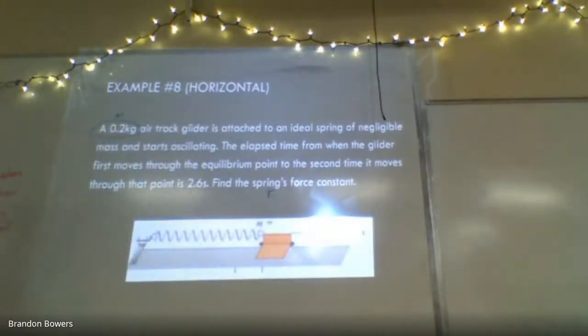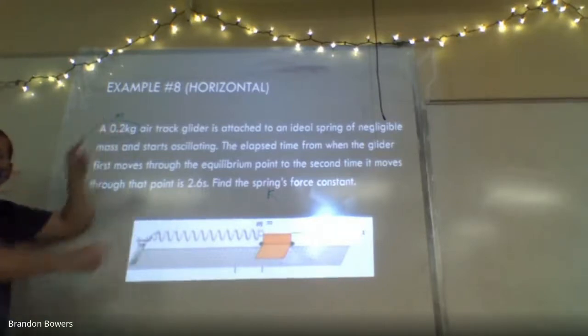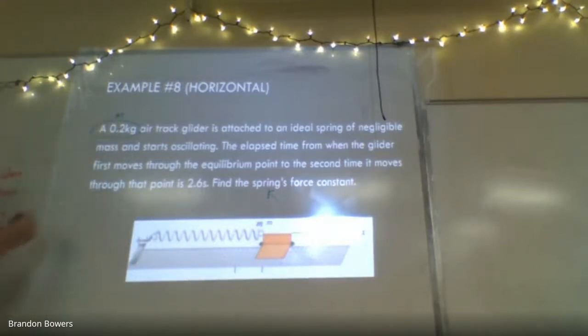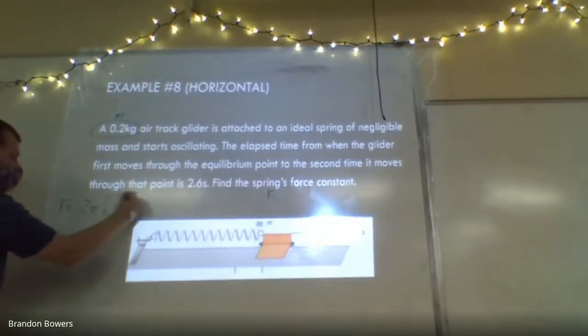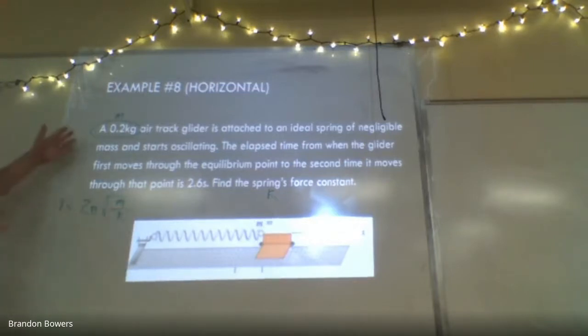F equals negative K times X. Do I have F or X? No. T equals 2 pi times the square root of mass over constant, 2 pi square root of the mass over K. So I have mass, I have K, I have time. Okay, let's use that one.